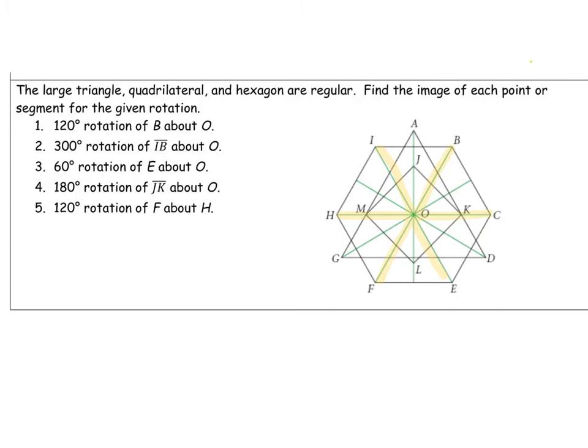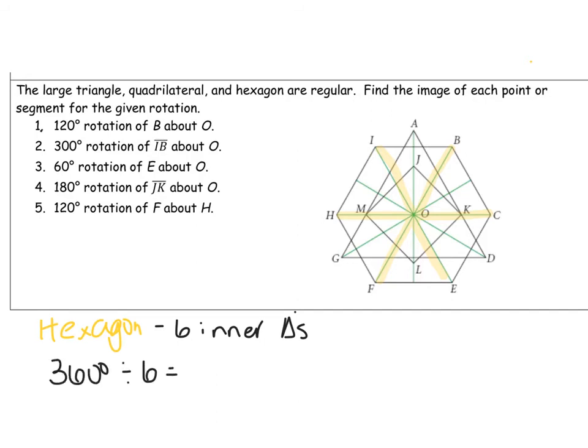So since a full circle is 360 degrees, and we're looking at the hexagon here, it has 6 inner triangles. So 360 degrees divided by 6 is 60 degrees is each rotation about the origin, which is point O.